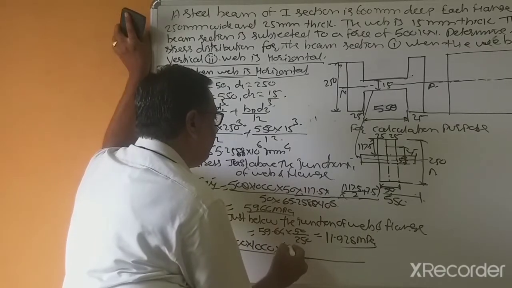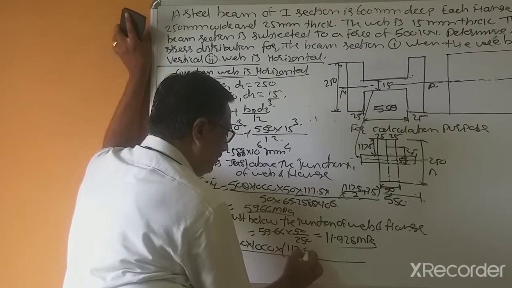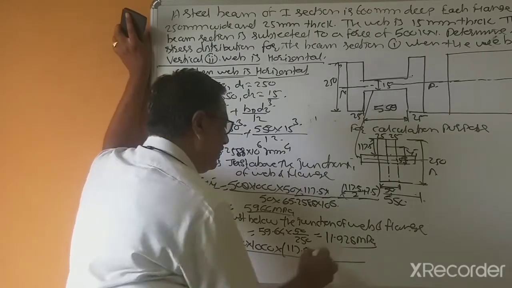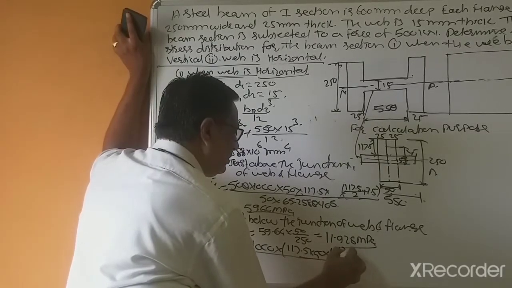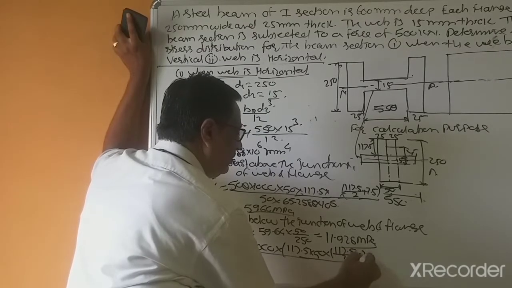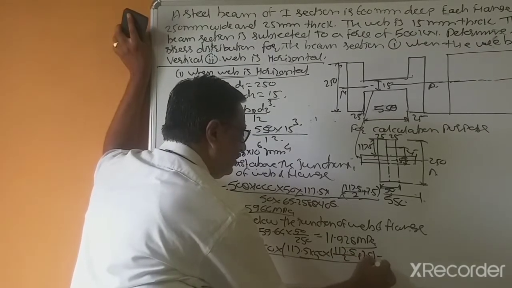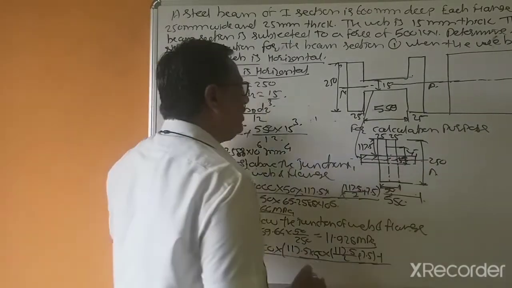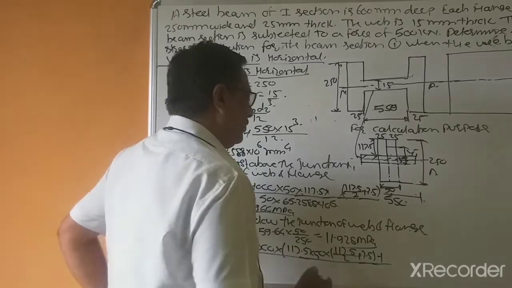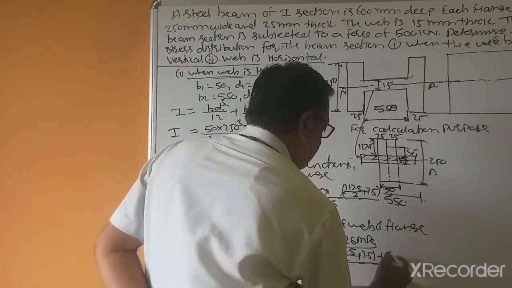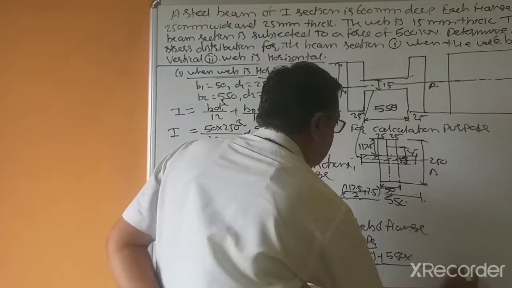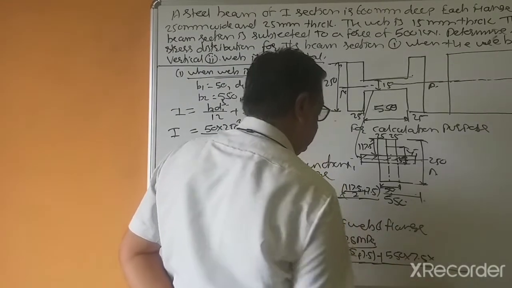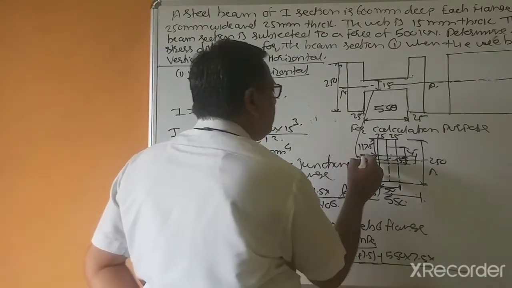So we can write same 117.5 into 50 into 117.5 divided by 2 plus 7.5, now this area, so that is 550 multiplied by 7.5 and centroidal distance.